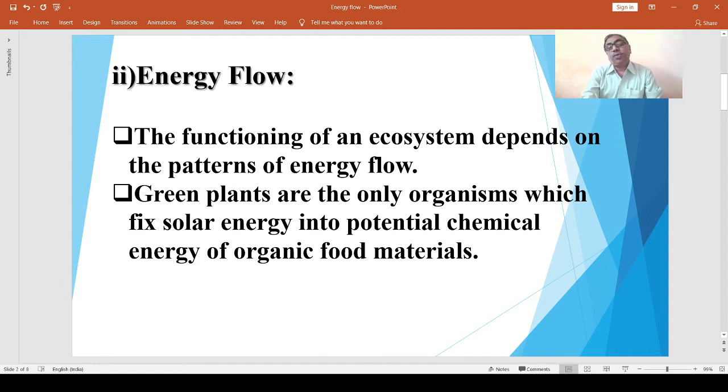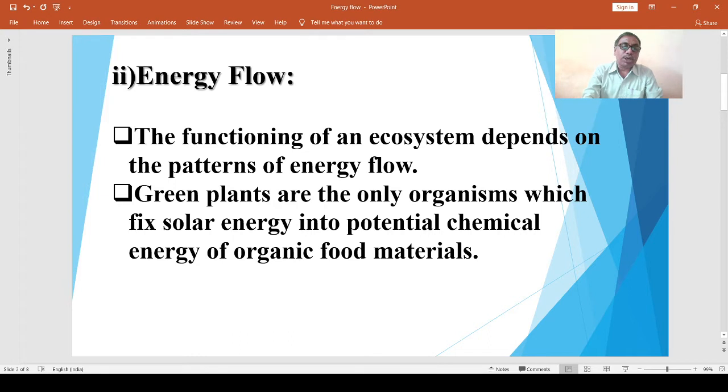As all of us know, energy is the capacity to do work, because all aspects of living components of an ecosystem depend on energy flow.